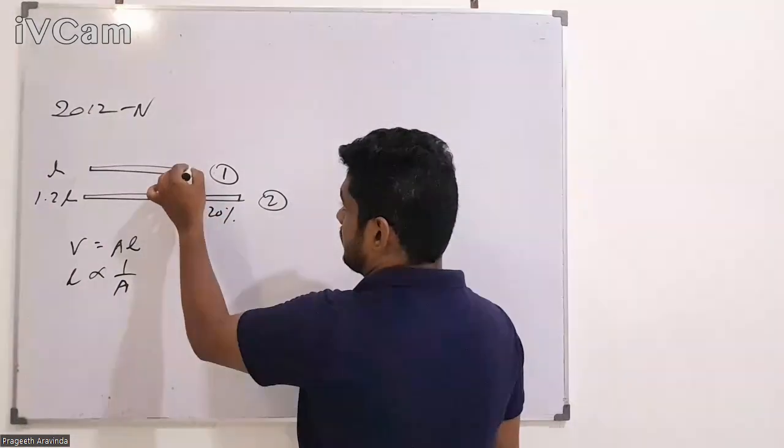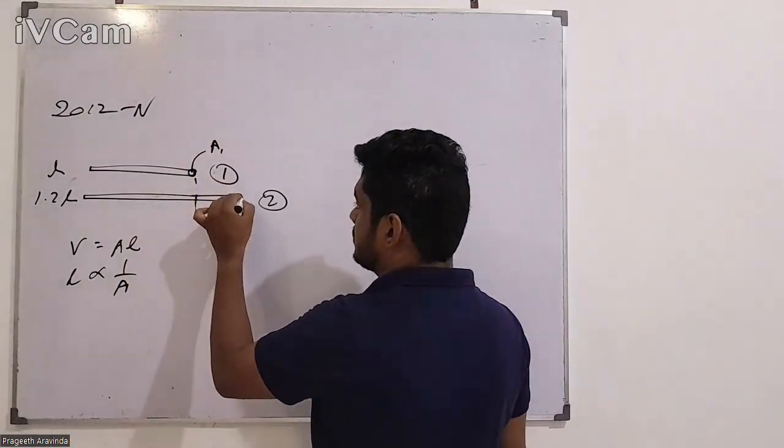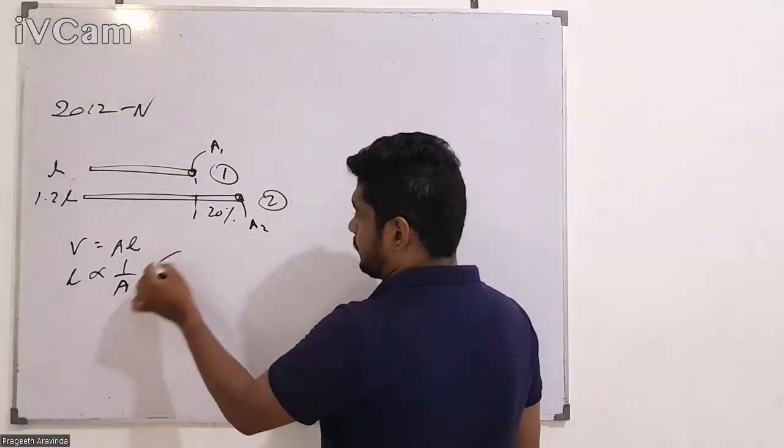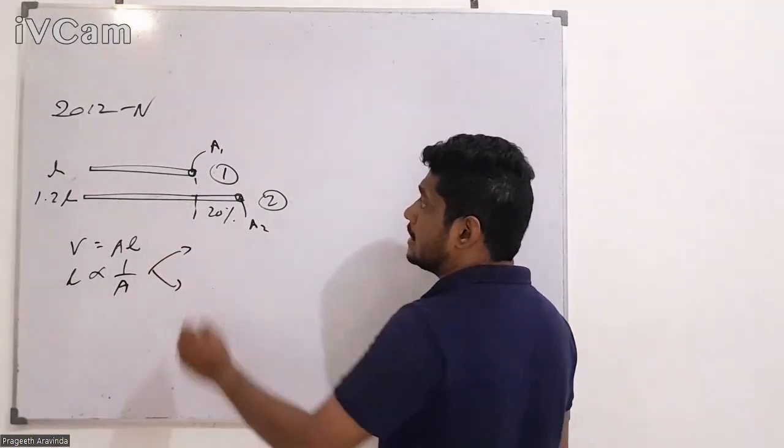If the cross section of this one is A1 and the cross section of this one is A2, I can write two proportionalities, right?